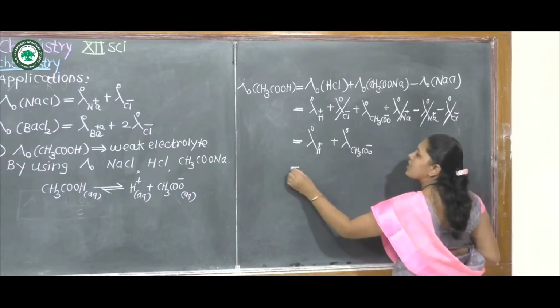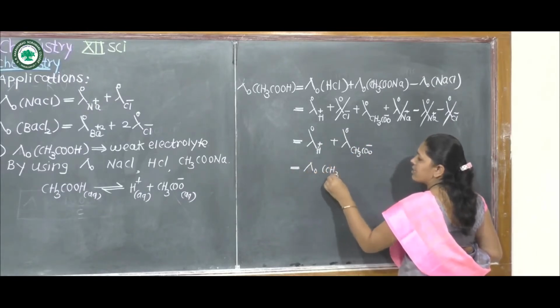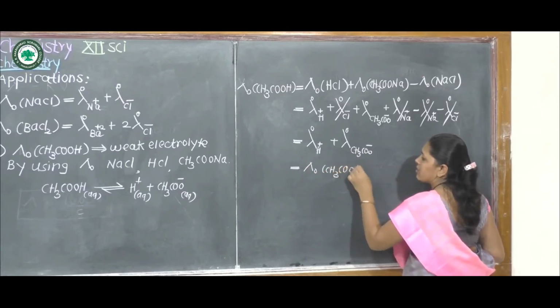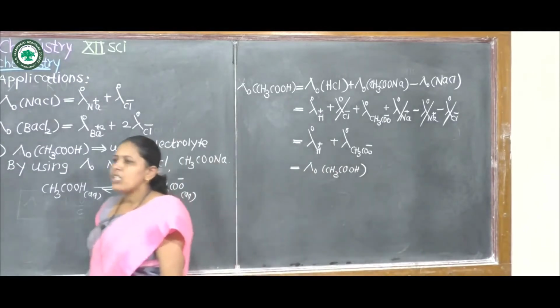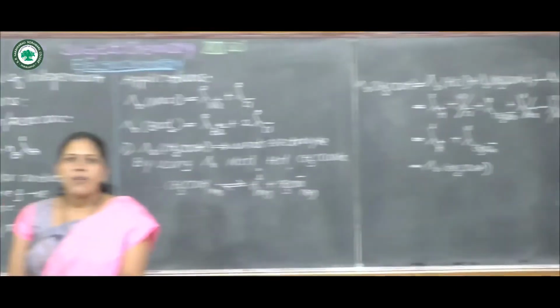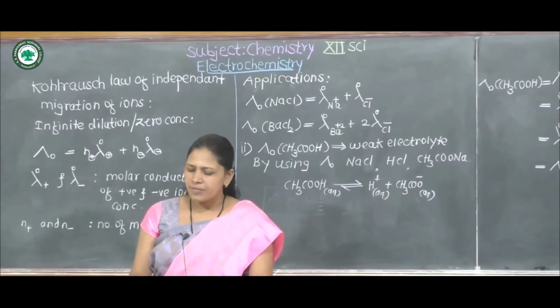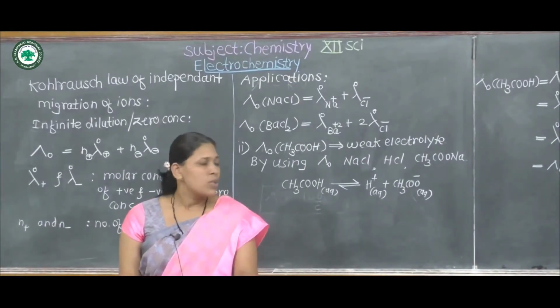It is nothing but the molar conductivity of acetic acid. In this way we can calculate the molar conductivity of any weak electrolyte by knowing the molar conductivity of strong electrolytes. These are the applications of Kohlrausch's law.